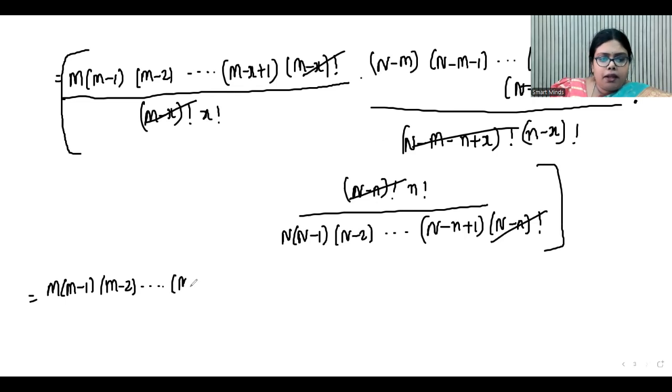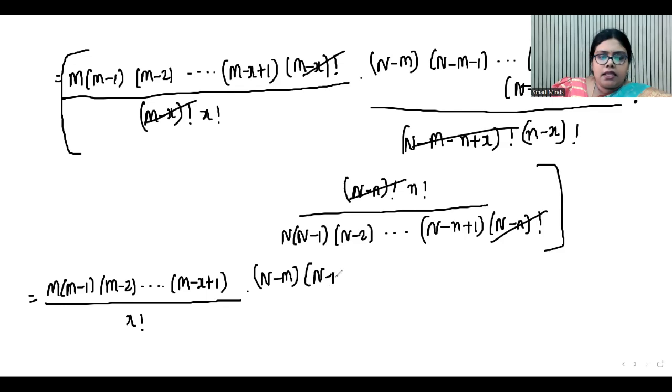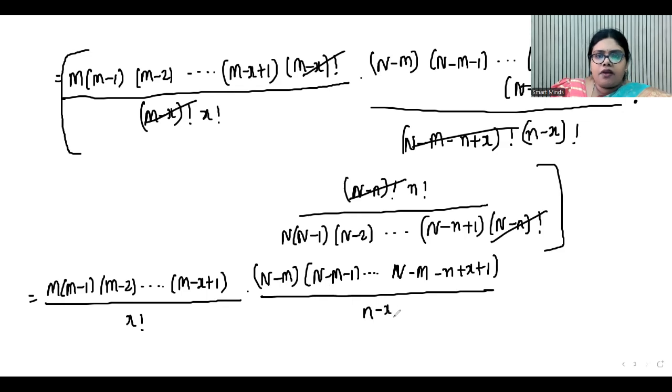So on up to (M minus x plus 1), whatever is left we are writing now, by x factorial into (N minus M) into (N minus M minus 1), so on up to (N minus M minus n plus x plus 1) by (n minus x) factorial into, in the third term what is left? n factorial by N into (N minus 1) into (N minus 2), so on up to (N minus n plus 1).